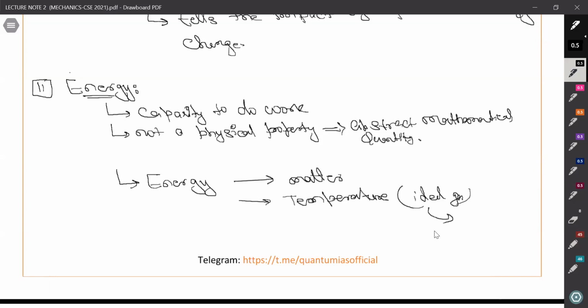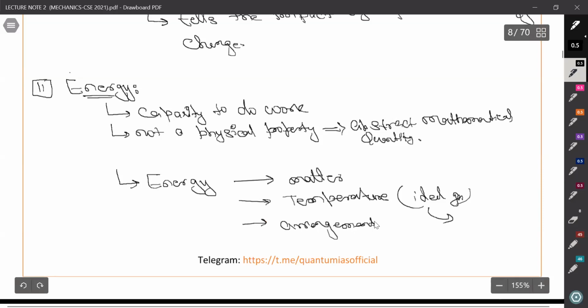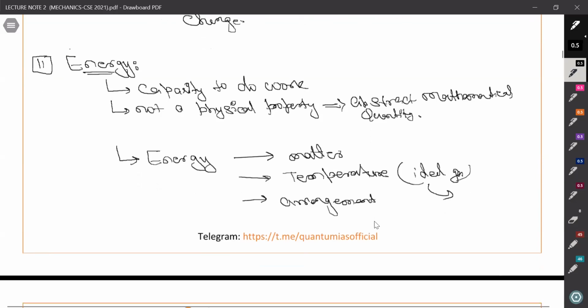Temperature is the kinetic energy of the molecules. Also, energy is basically arrangement. If we are going to arrange two or more charges together, we need some sort of potential energy there. So whatever in this universe can be demonstrated in terms of energy, and that's why conservation of energy is very important to read.